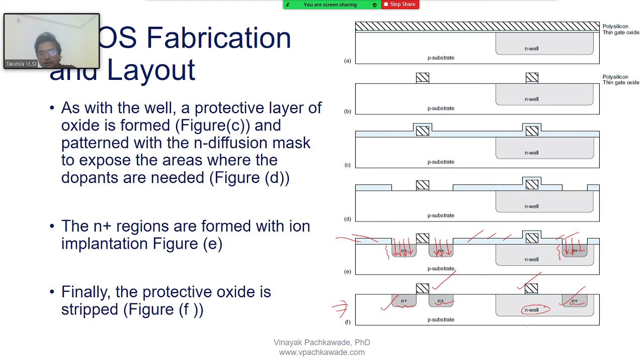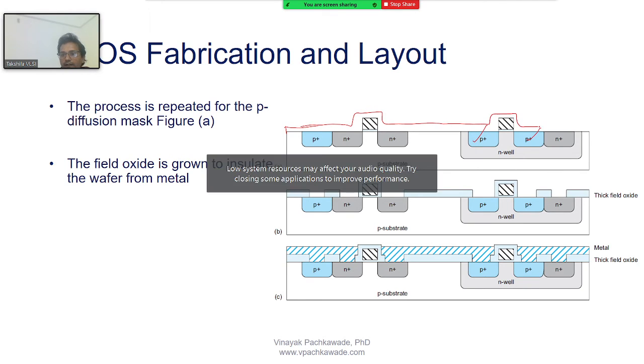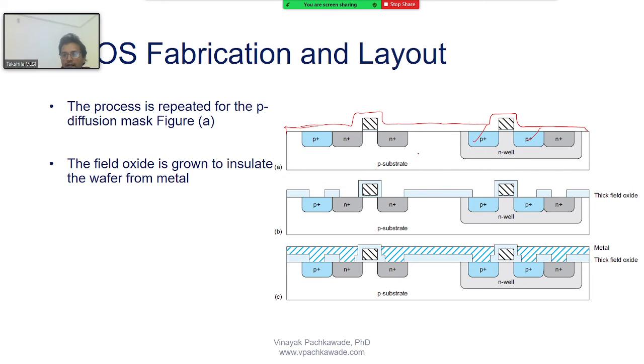Same thing I will repeat to fabricate my PMOS transistors. Again I will deposit a thick SiO2 on top of the entire wafer. Then again I will put the photoresist on top of this one. Then I will define which areas I want to fabricate the P plus diffusion regions.